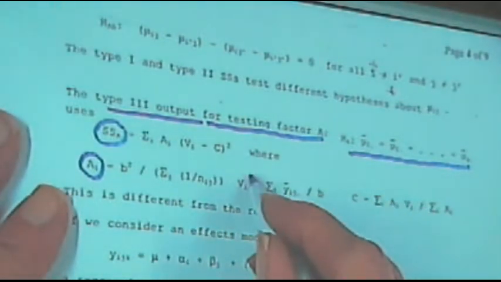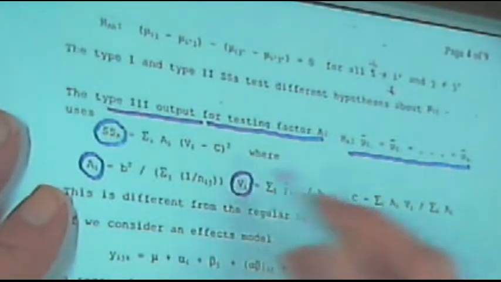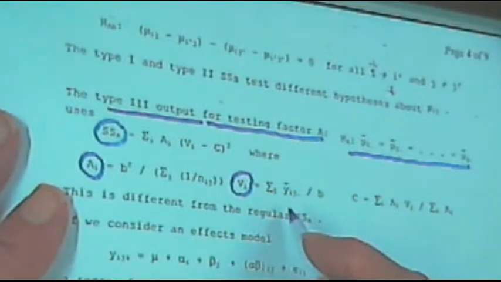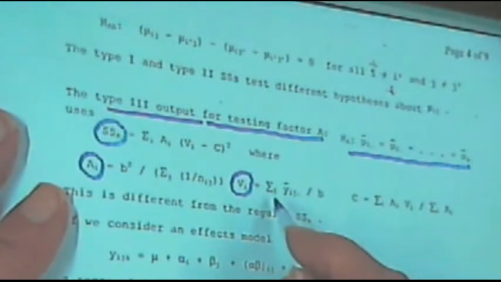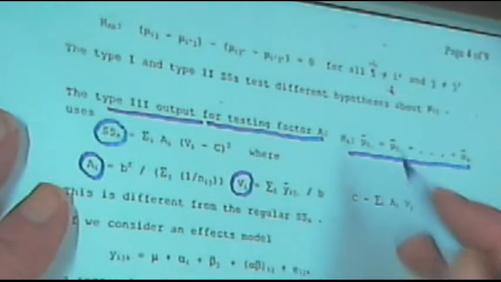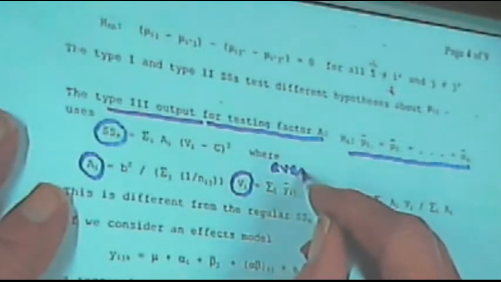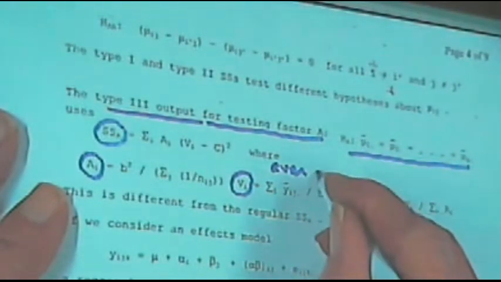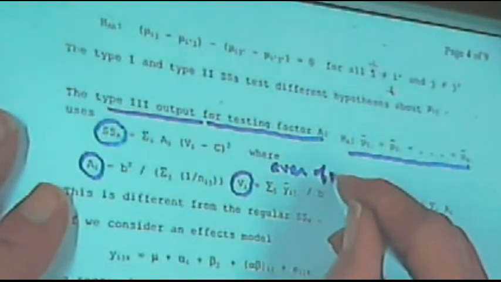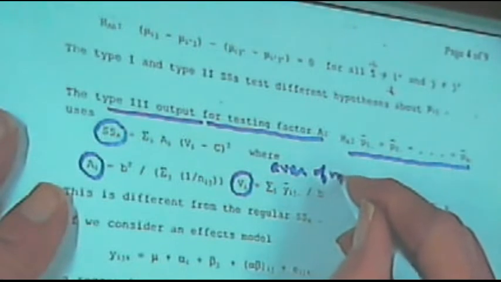And the V_i's are more in line with the actual data. The V_i's are the average sample mean in a column in row I. The sum is on J. So this is like an average of means.